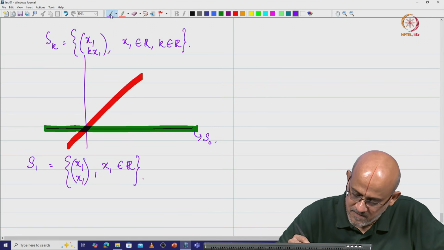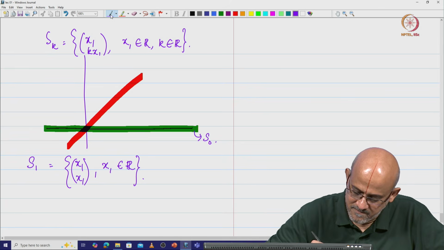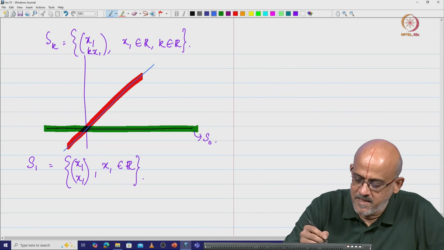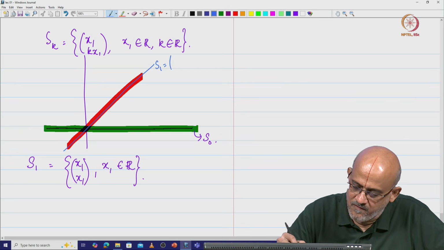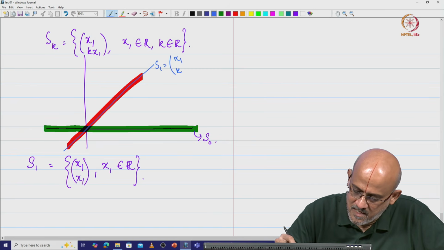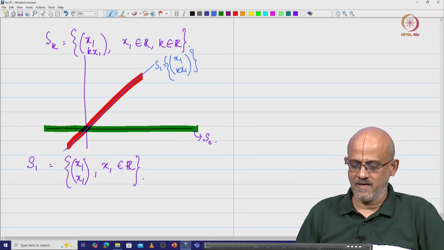Let me first draw this line. This is basically the set of points S1, which is of the form x1 comma k x1, right, that is what we are going to have.